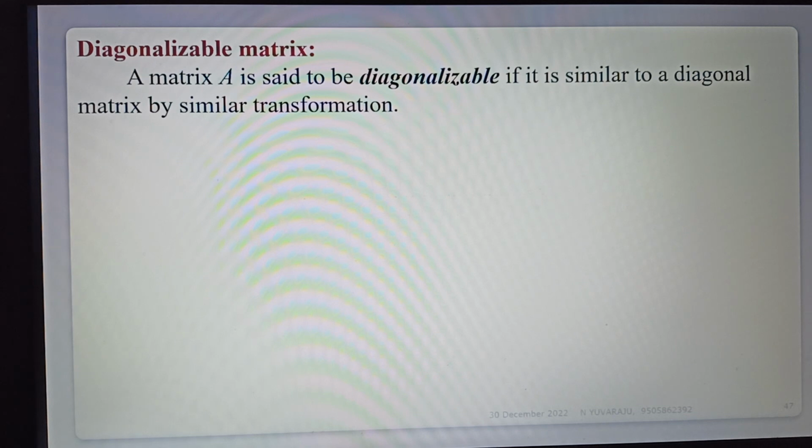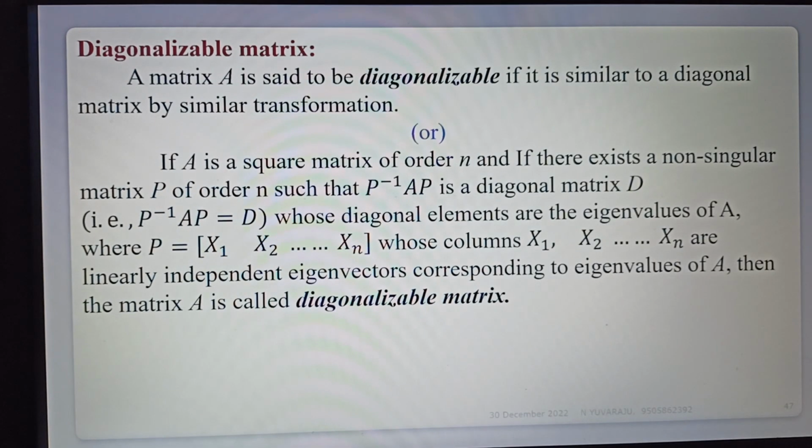So how to convert the given matrix by using the transformation? Another definition is: A is any square matrix of order n and there exists a non-singular square matrix P of the same order such that P inverse A P, that is, find the inverse of P, multiply by the given matrix, and multiply by P. Multiplying the three matrices, we get one matrix.